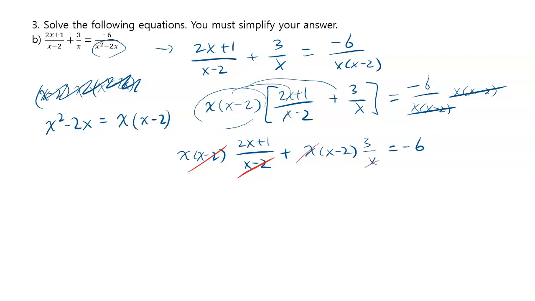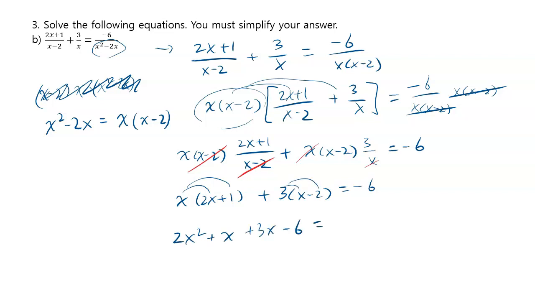And the result is you have x times 2x plus 1 plus 3 times x minus 2 equals negative 6. Let's see, let's expand them. It's 2x squared plus x. Expand them, that's 3x minus 6 equals negative 6. You can add 6 to bring everything to the left side. So this is a quadratic equation.